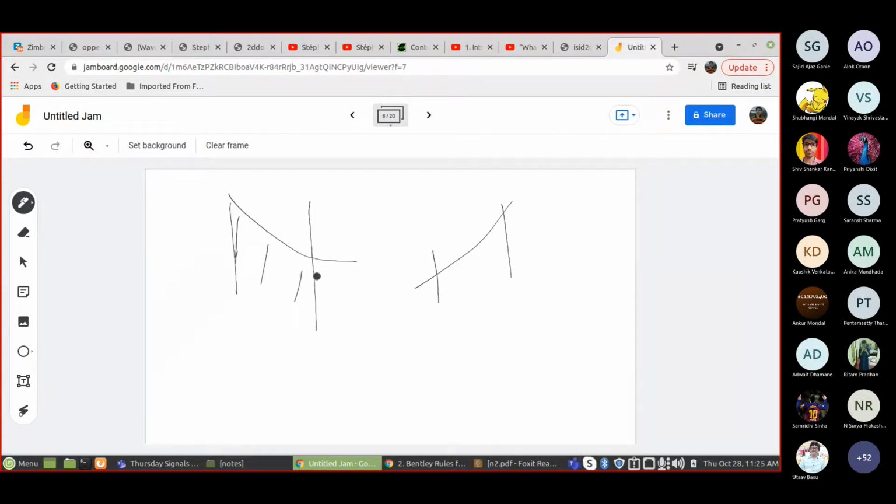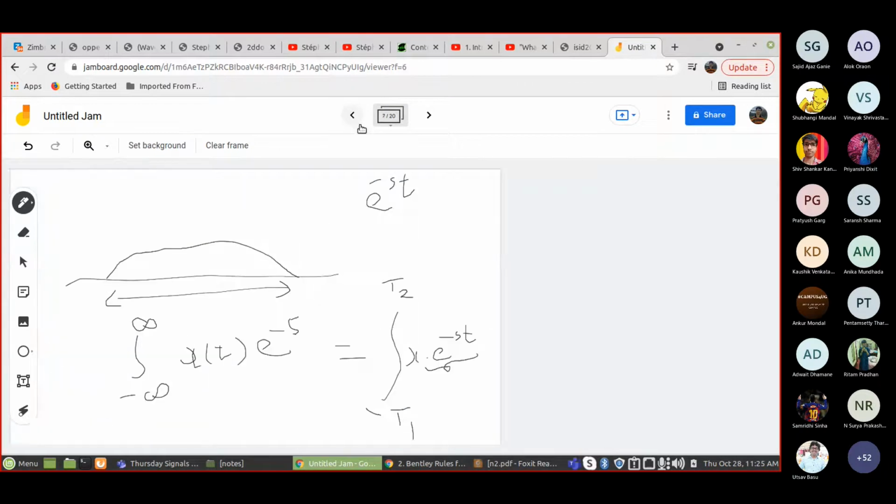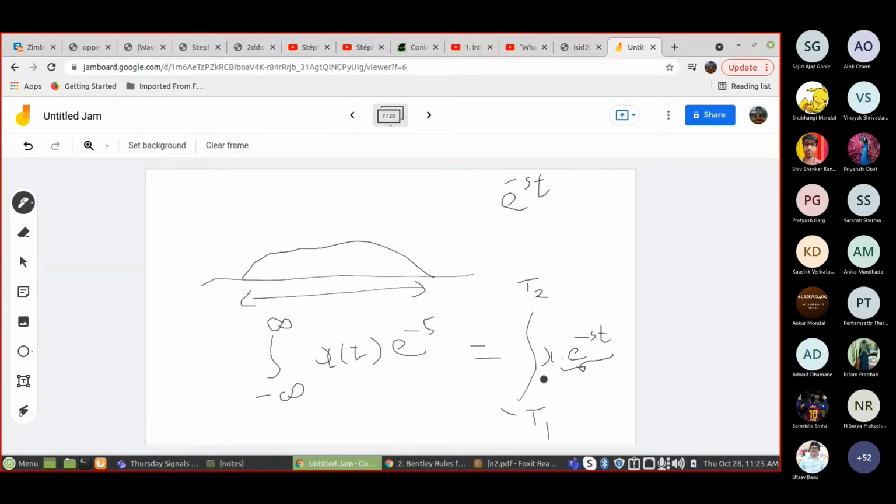I am showing this for real exponentials, but even for complex exponentials, if you restrict them to a finite interval, the integral is always finite. Both of these are integrable over a finite interval, so this integral is always finite everywhere. No matter what s you choose, this will always exist.